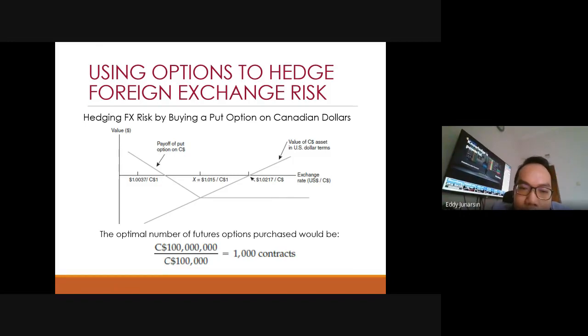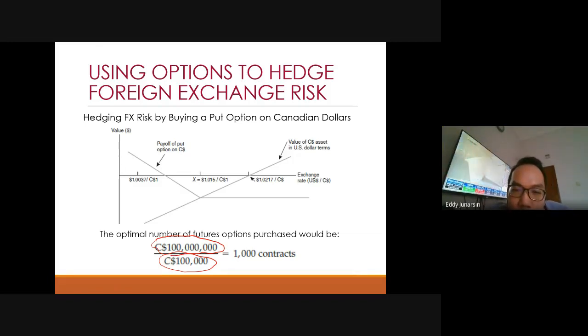So the number of contracts taken is simply a function of the amount of your exposure divided by the size per contract. In this story, you see here, the exposure that they want to hedge is 100 million Canadian dollars, right?